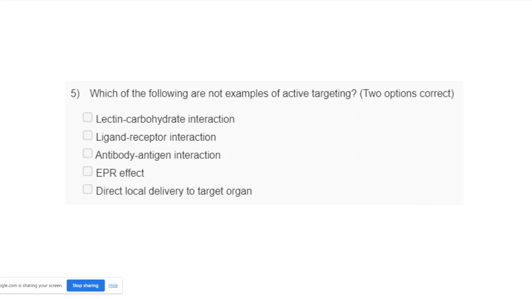Okay, here is the fifth question. Which of the following are not examples of active targeting? You have to select two correct options. Lectin carbohydrate interaction, ligand receptor interaction, antibody antigen interaction, EPR effect, direct local delivery to target organ. Ma'am, last 2 options. Others?